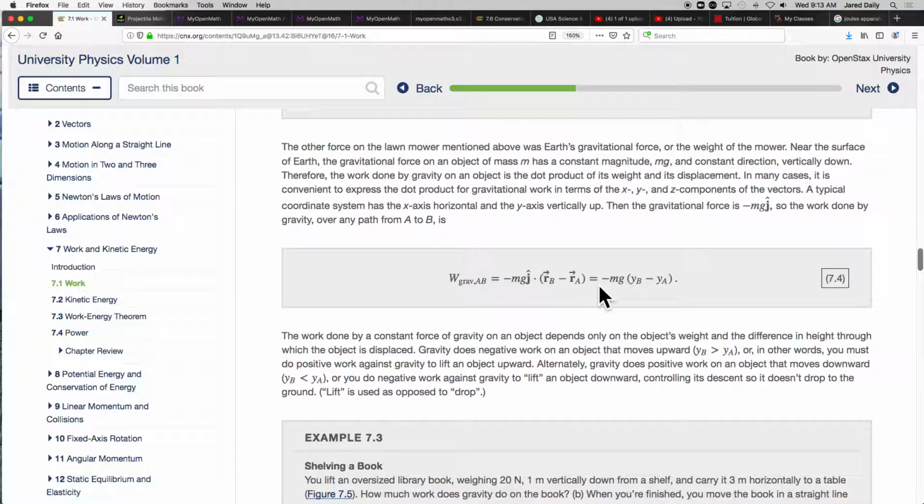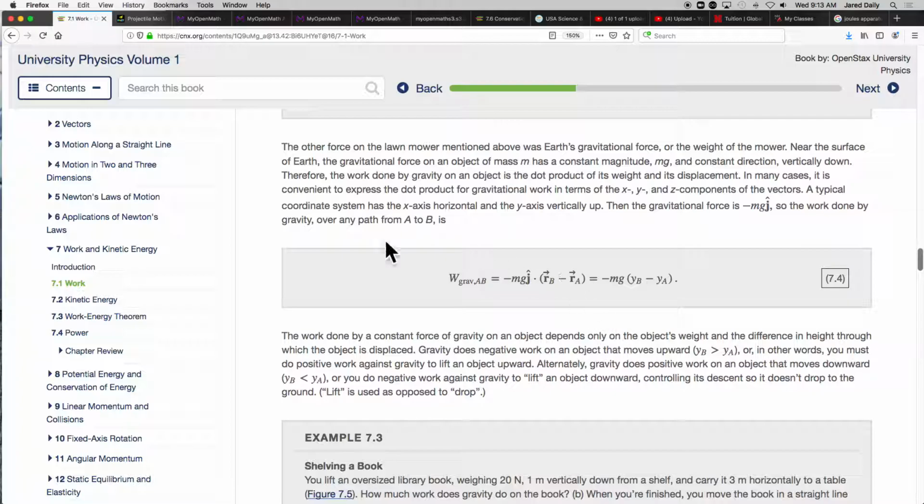But this is also equal to the potential energy. This mg times h, if you take the negative sign off the front, is also equal to what we call the potential energy that you put into an object when you lift it up higher than it was. Or you can take potential energy out of it by lowering it down from where it was, right?